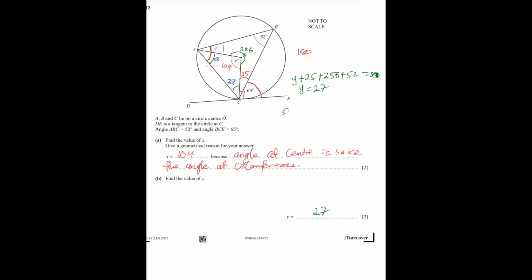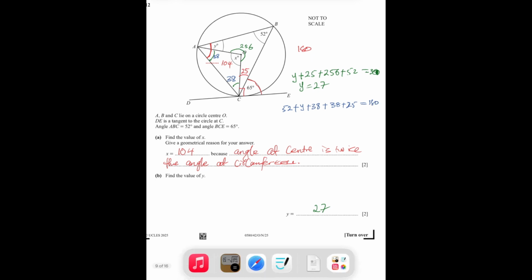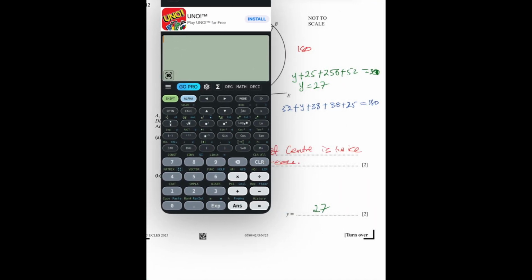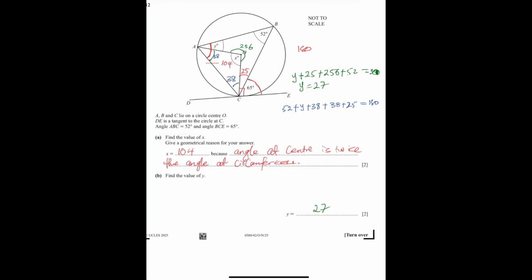So 52 plus y plus 38 plus 38 plus 25 gives me 180. So sum of angles in a triangle. Let's see if we get the same thing. So 180 minus 25 minus 38 minus 38 minus 52. So I get 27. That is the beauty of math.